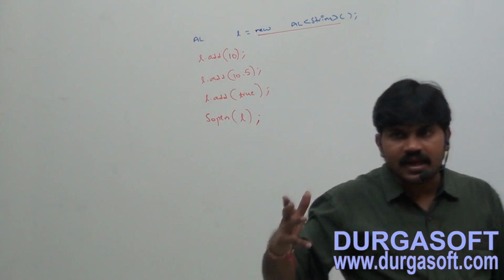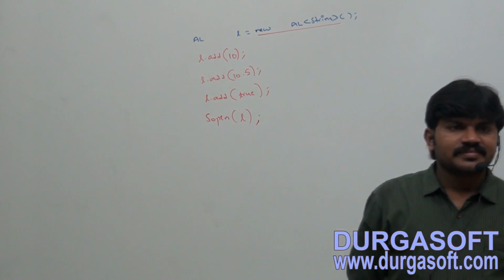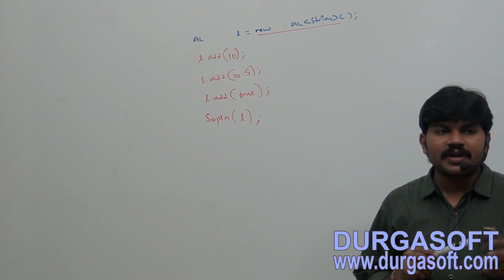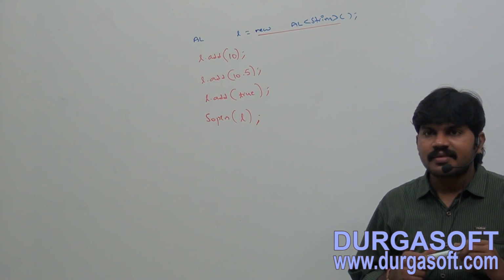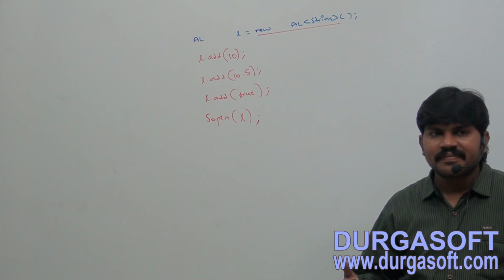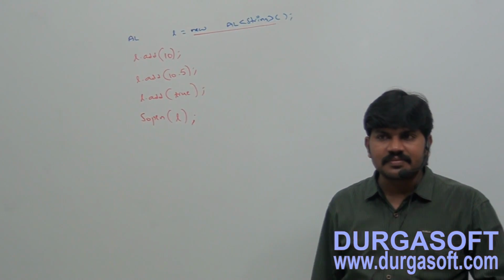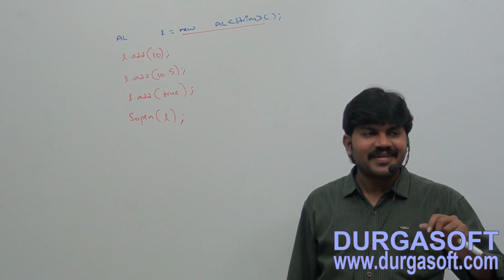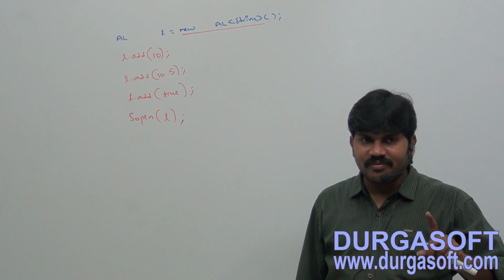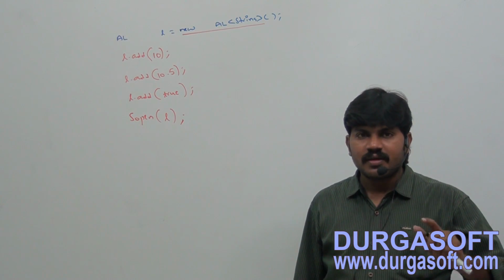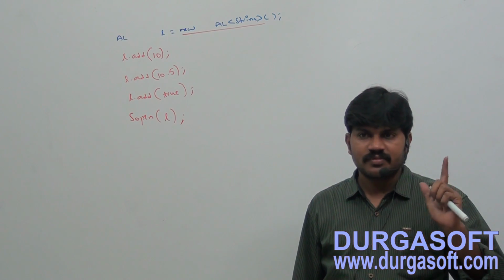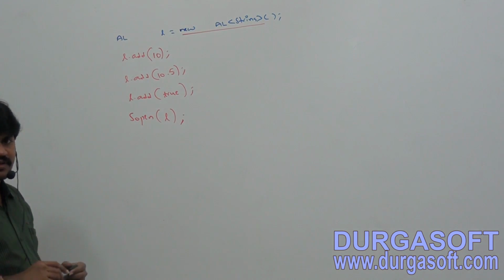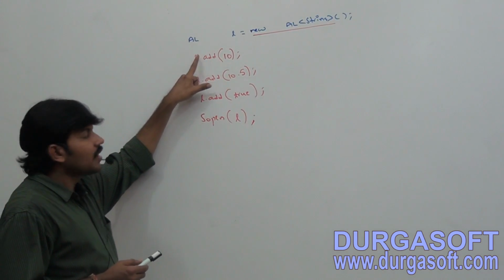Is the problem at compile time or at runtime? It is 100% valid, because the compiler is always going to check only the reference. Sir, you are adding 10 to l. What type is l?